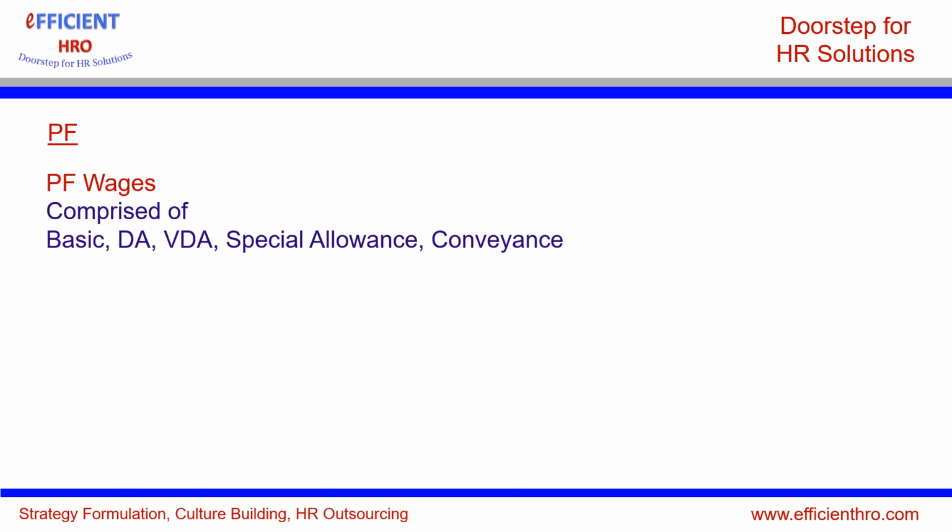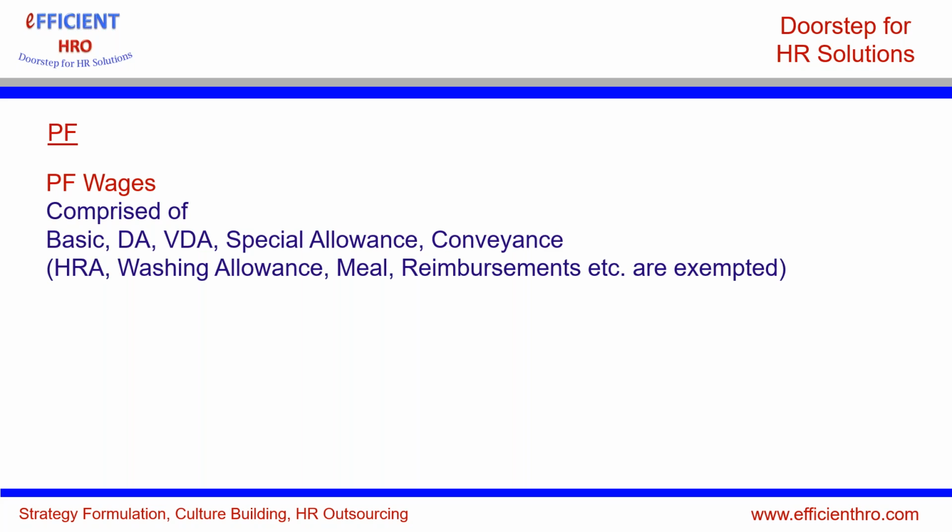There might be some heads like other allowance; those kinds of heads will be covered on which PF needs to be deducted. And on components like HRA, washing allowance, meal allowance, reimbursements, PF will not get deducted.